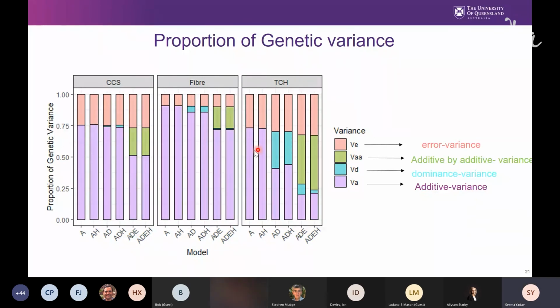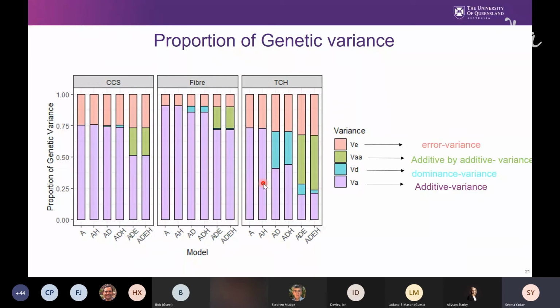In all the traits, whatever models we use, the error variance stays quite constant. Some literature says that some people assume that if we do not fit any non-additive genetic effects in the model, the dominance and additive will be counted in the residual value.